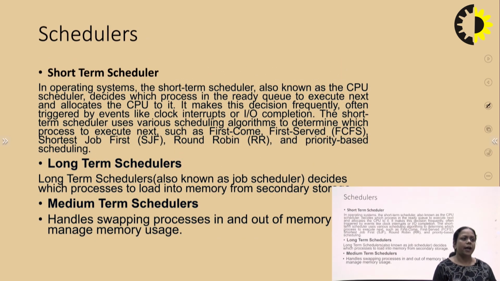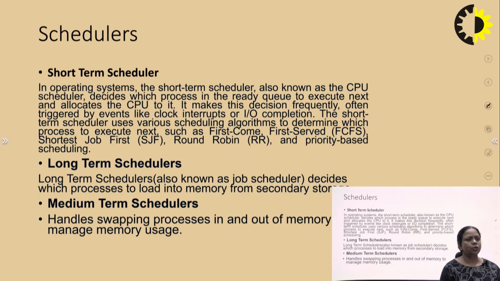Now we can have more than one type of scheduler. First is the short-term scheduler, also known as the CPU scheduler, which we have already discussed. It decides which process in the ready queue to execute next and allocates the CPU to it. It makes this decision frequently, often triggered by events like clock interrupts or IO completion.